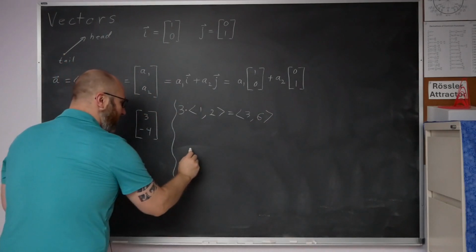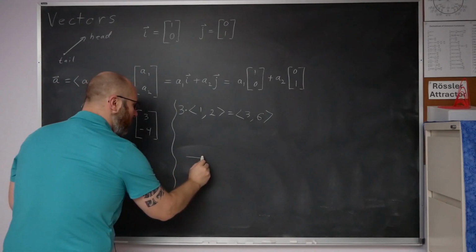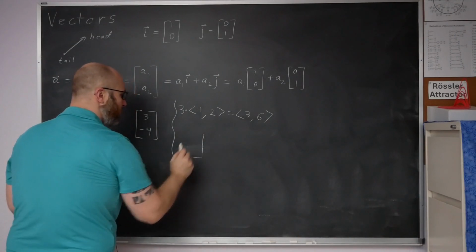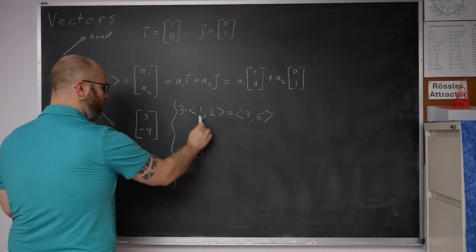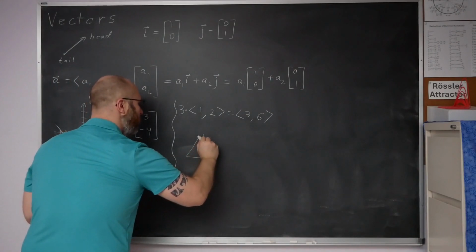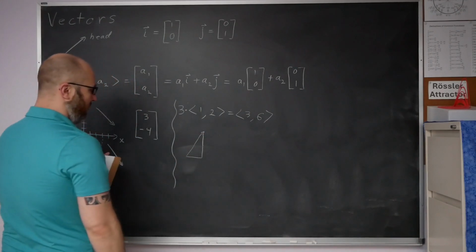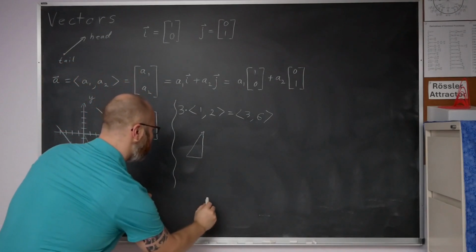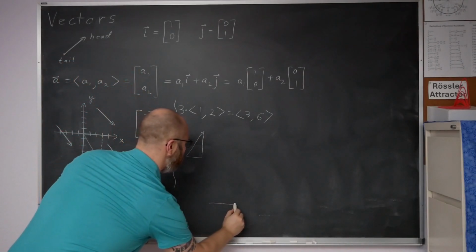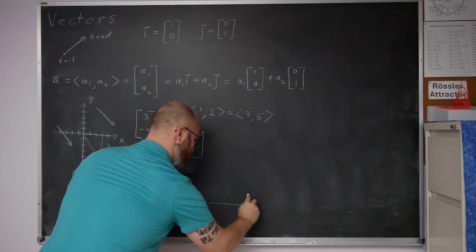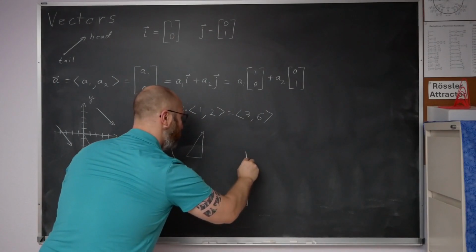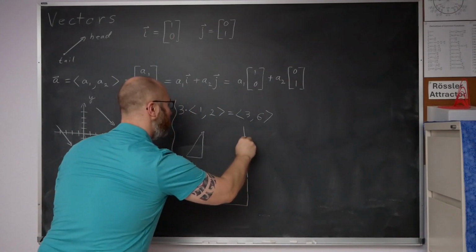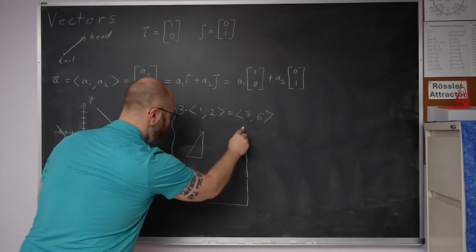And what that does, if I had a vector (1, 2), that's 1 in this direction, 2 in that direction. There's my vector. If I do 3 times that, let's see if I can draw this. 1, 2, 3, 4, 5, 6. All right, this is going to be interesting.